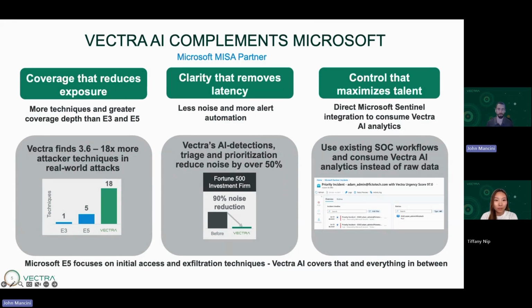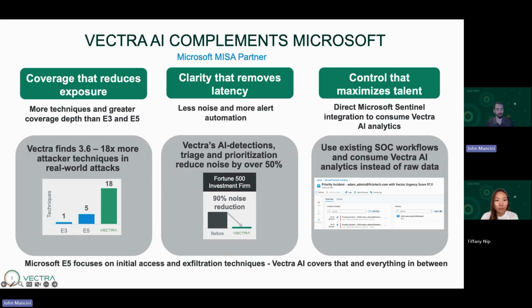And really, there are always three value points we talk about from a Vectra perspective. The first one is ultimately coverage. Vectra has coverage for more techniques and at a greater depth than what you get out of an E3 license or an E5 license. And just for everyone in the audience, the E5 license includes that entire Defender suite, so that includes Defender for Cloud Apps and the Azure or Entra ID Identity Protection.